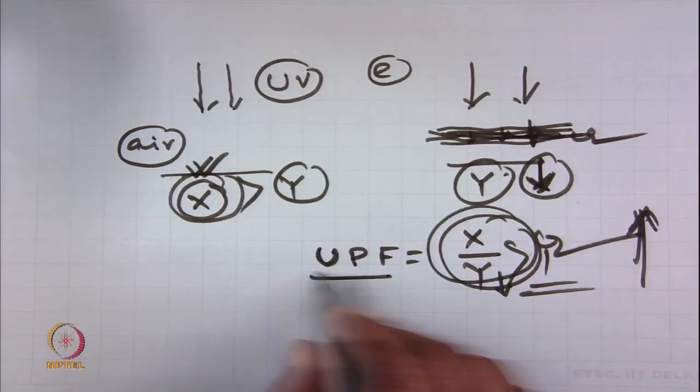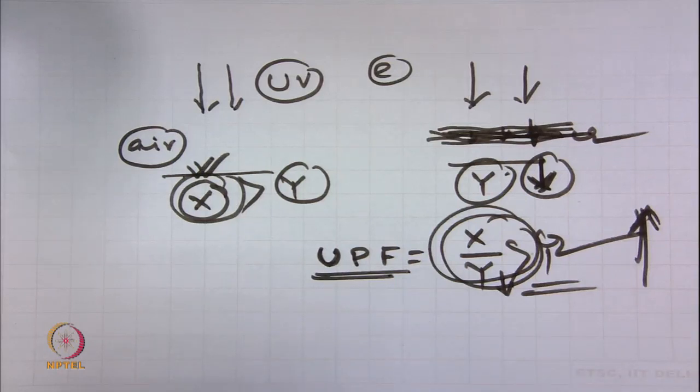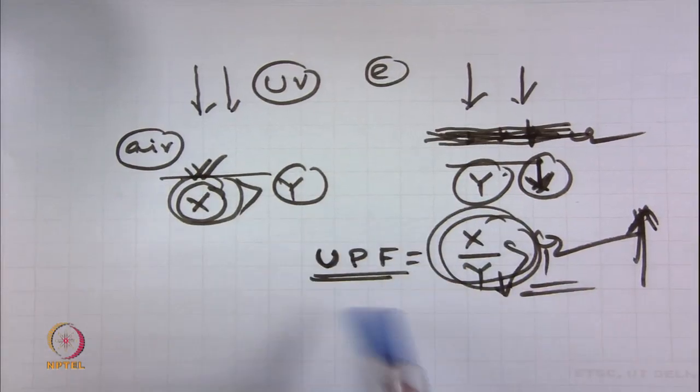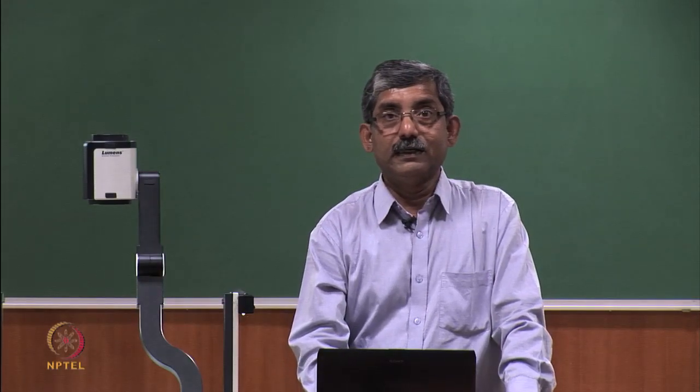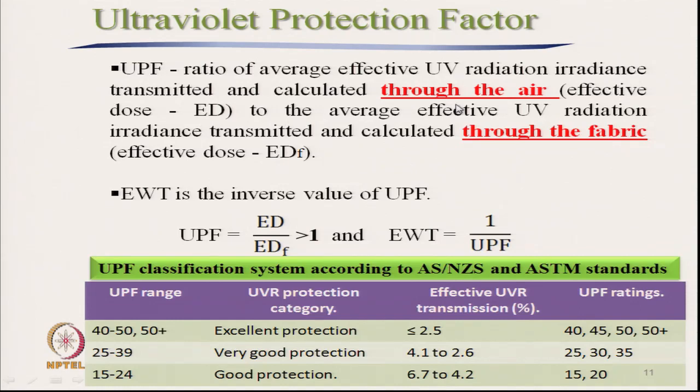That means for fabric with higher protection, the UPF value will be more. So, ED is the dose through air and EDF is the effective dose through fabric. UPF is ED divided by EDF, which is more than 1, and the reciprocal of this is EWT, okay, that we have already seen.